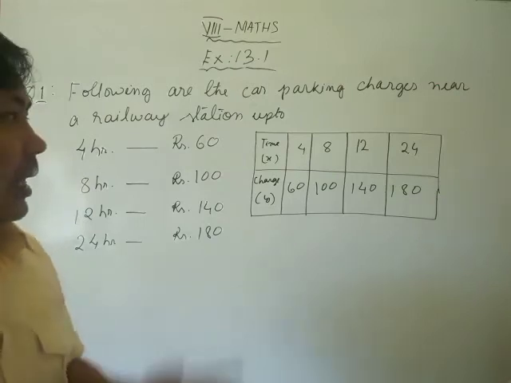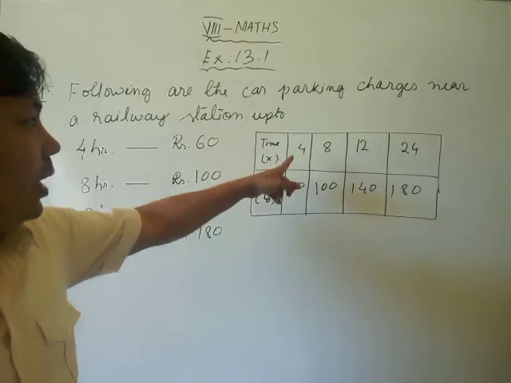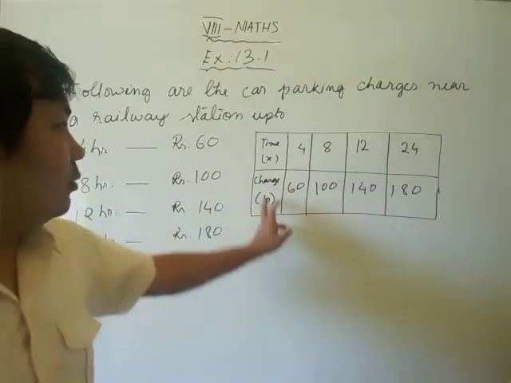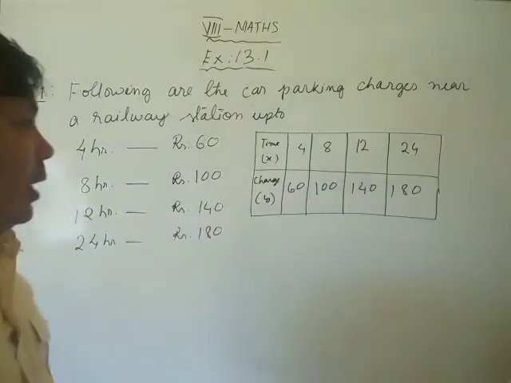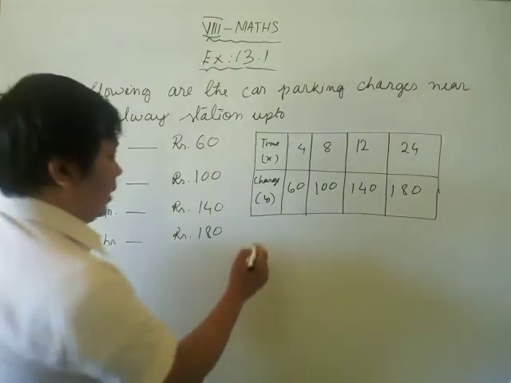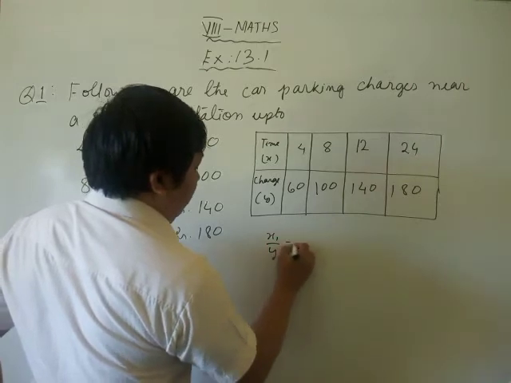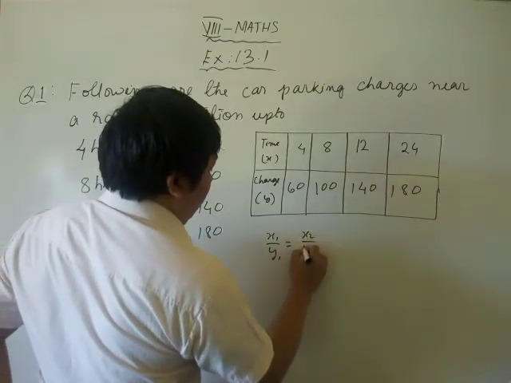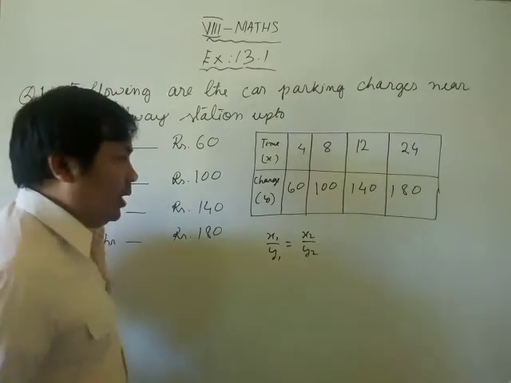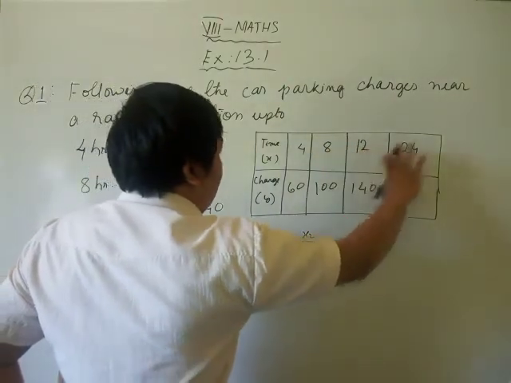Let us see. To check whether they are proportional or not, we have to make a tabulation like this. So x1, x2, isn't it? By direct proportion, x1 by y1 will equal x2 by y2. You can take any of the pairs, whether these two or these two, anything.